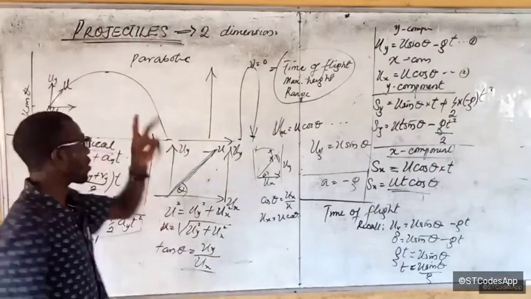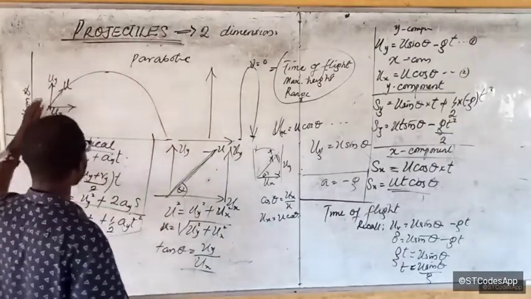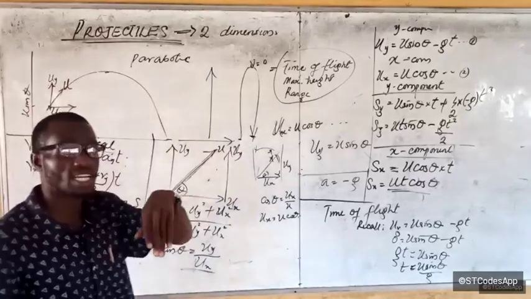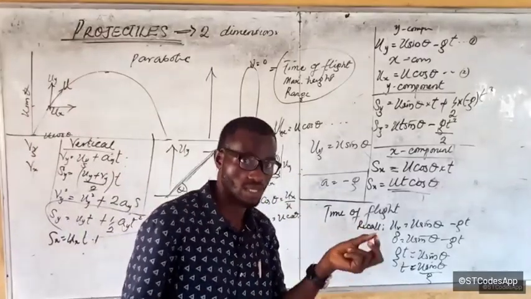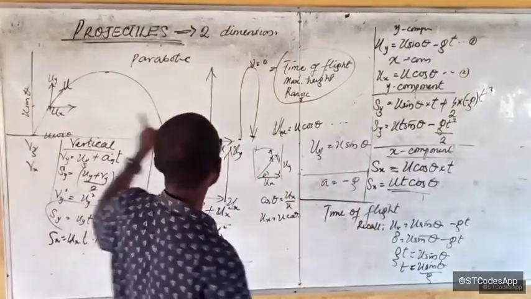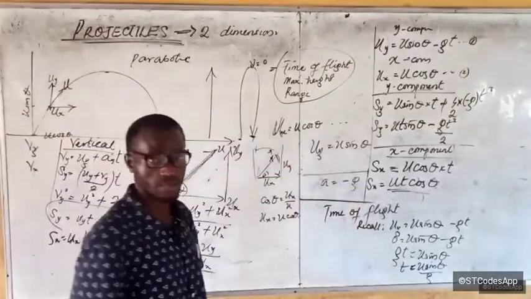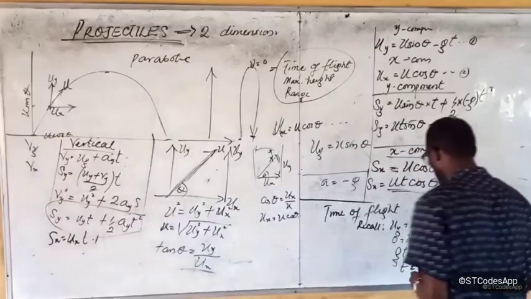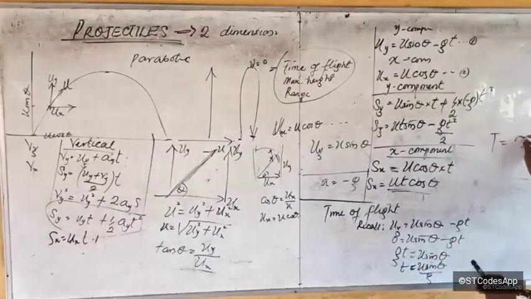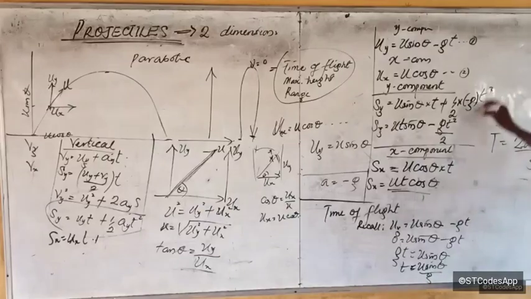So t plus t will be equal to the entire time, which is the time of flight. So the time of flight will just be 2 times u sine theta over g. And that is our next equation. We said this was equation 2, equation 3, equation 4, so this is our equation 5. These are the equations for time of flight.